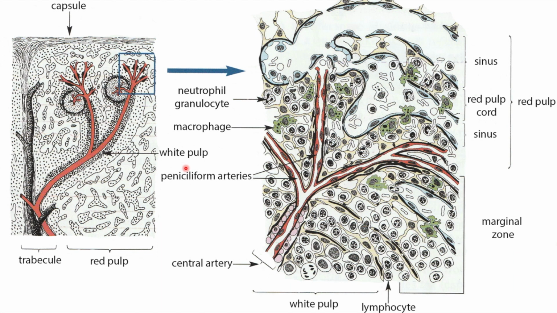The capillaries from the penicilliform arteries, at least a majority of them, will be surrounded by reticular cells and macrophages, and this is the area where the macrophages will be able to reach into the blood vessels and filter out the antigens.